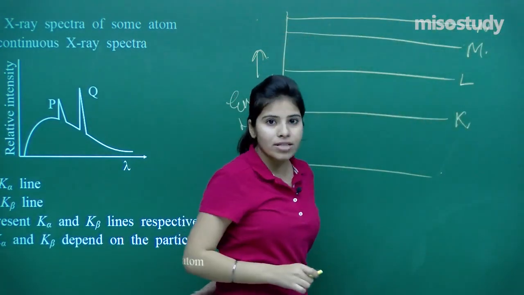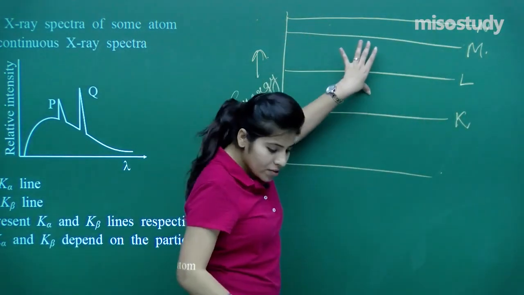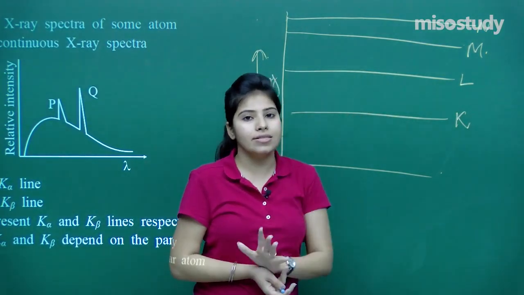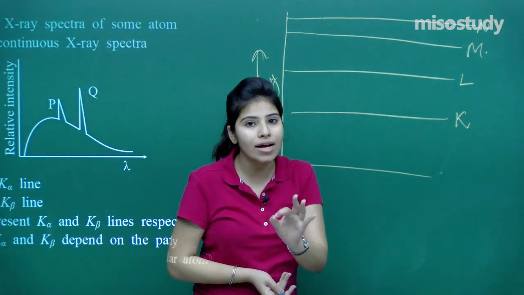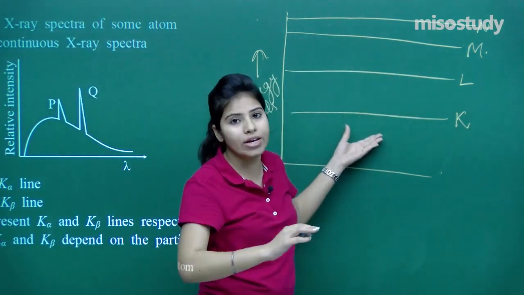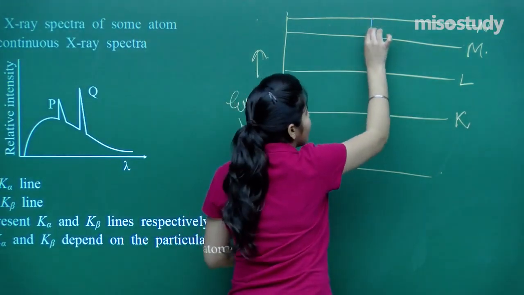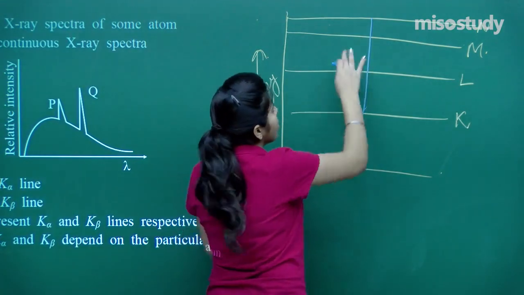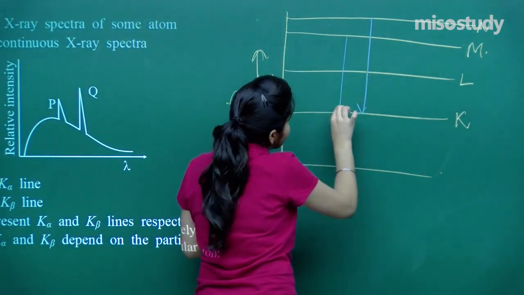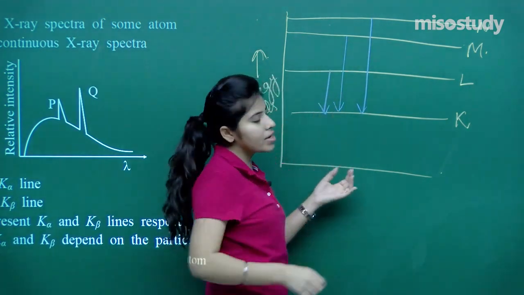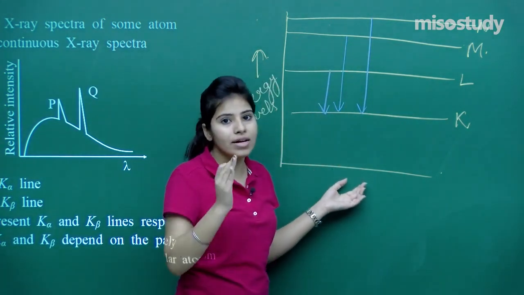Are you able to see this? Okay. If this is the N shell, I have told you what K lines are. The K lines are those lines which come from any higher energy level to the K shell. So if the line comes from the N shell to the K shell, that will be a K line. If it comes from the M shell to the K shell, that will also be a K line, and L to K will also be a K line.